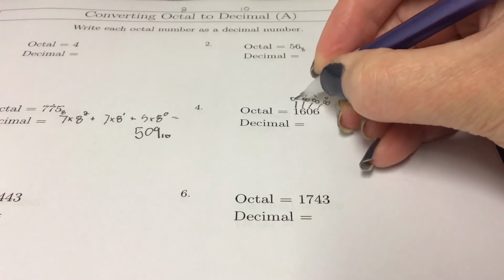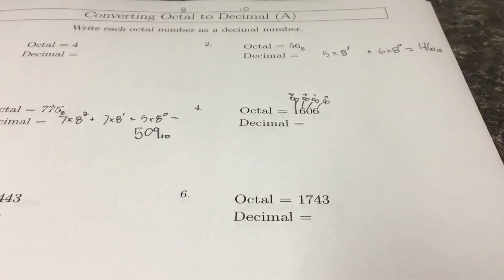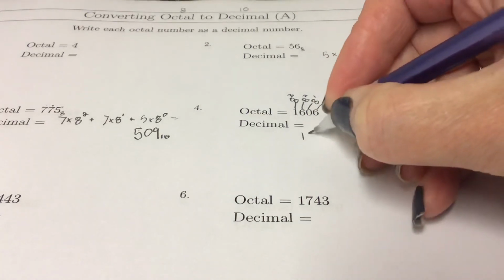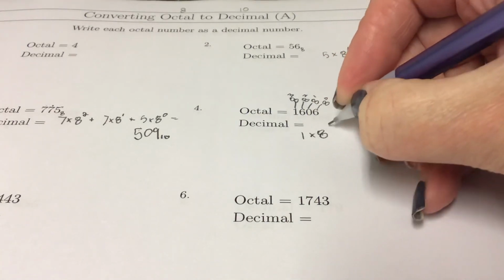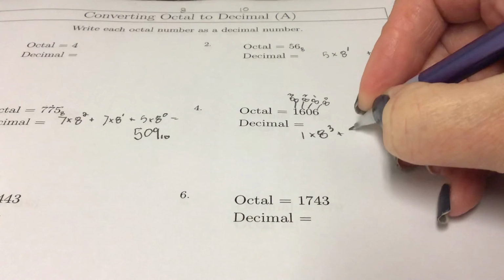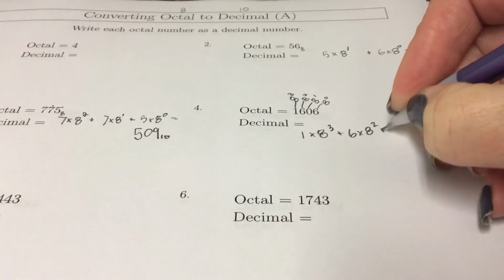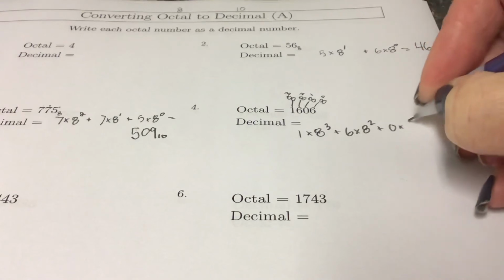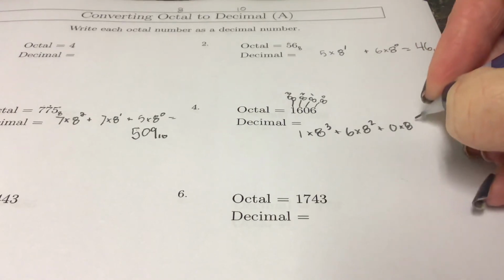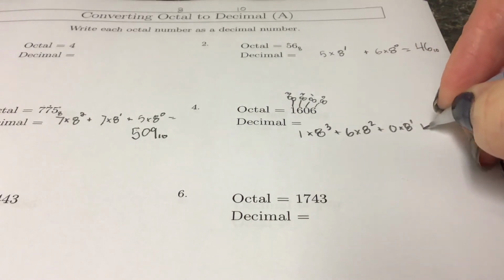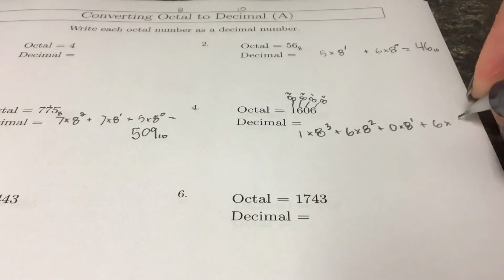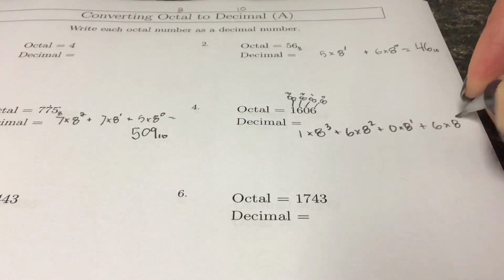This would be times 8 to the third. So we've got 1 times 8 to the third, 6 times 8 to the second, 0 times 8 to the first, and 6 times 8 to the 0 power.